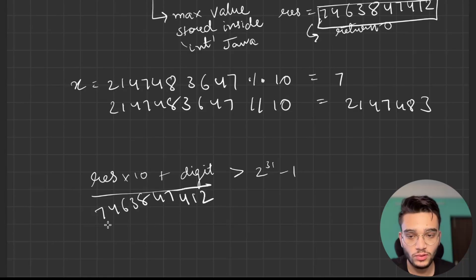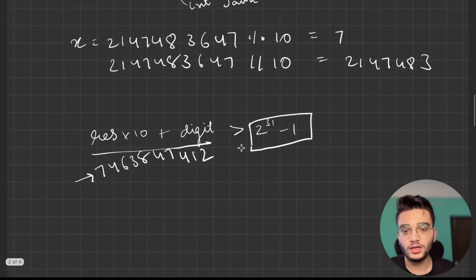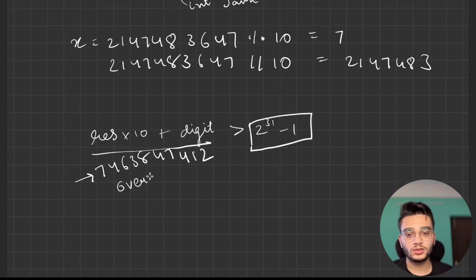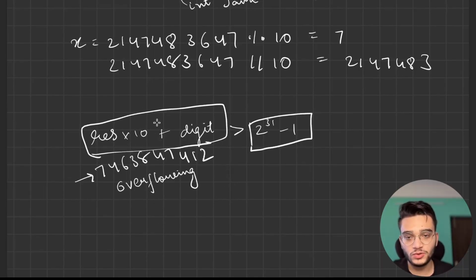This would evaluate to this number, and this is already representing the maximum value of the integer. So now this is overflowing. Again, this expression which evaluates to this value is overflowing our range. So this would again evaluate to some negative number in Java, and this would not produce expected results.